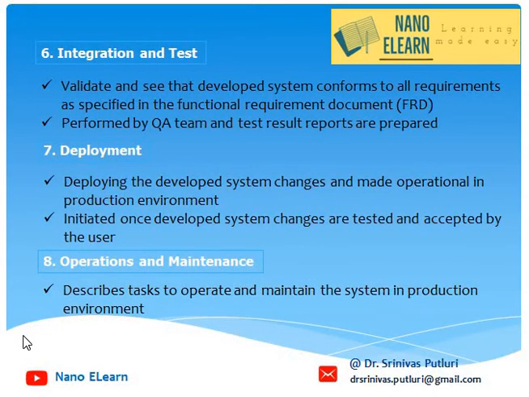Next moves to integration and test phase. All the system units are built in the form of units and they are integrated into various system modules, and all the modules are integrated to see the finally developed system, and the system will be validated to see that the developed system conforms to all the requirements as specified in the functional requirement document, which is abbreviated as FRD, in this phase.